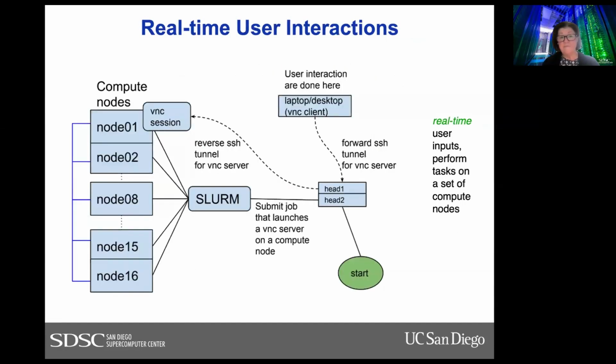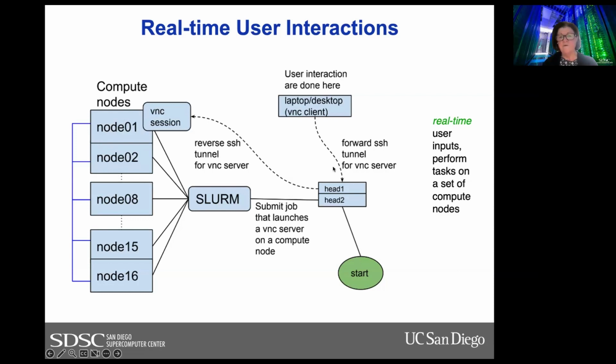So this is user interactions with the computer. You have these compute nodes here, and you get some kind of access to the system through what we call a head node, a login node. And the login nodes, we have 2 on Expanse, and these are shared by everybody. And through Slurm, for example, you get one of these nodes.